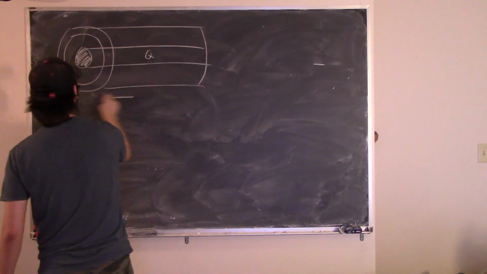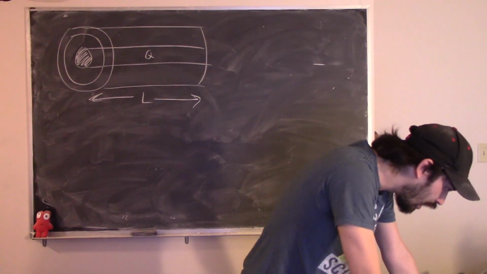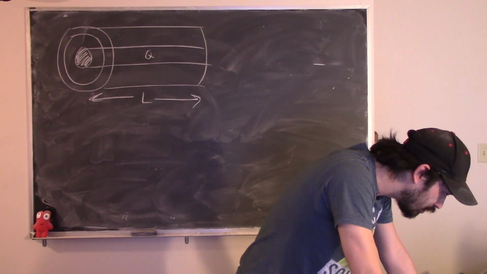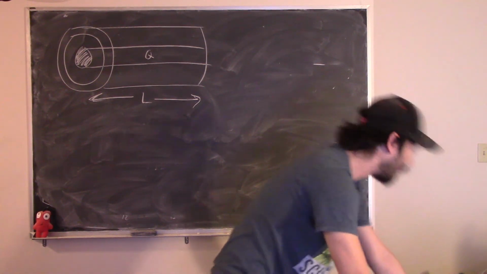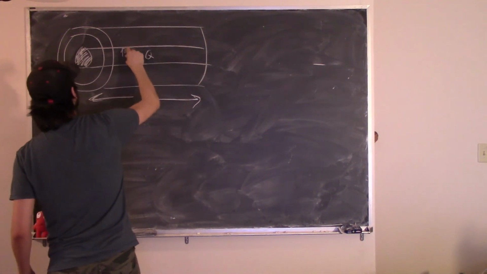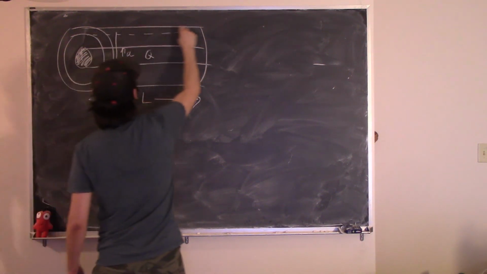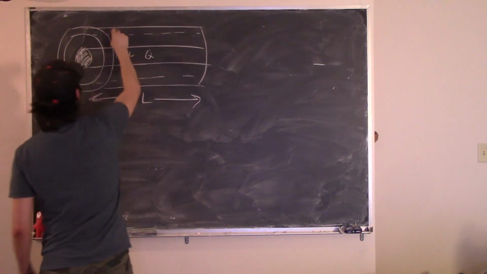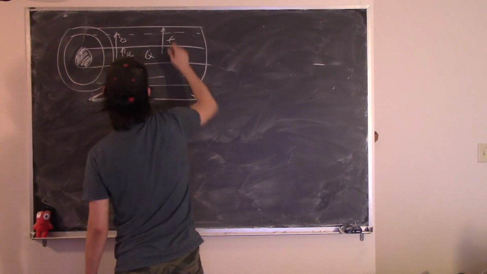This has some total length of L. And the radii that we have, because reasons, this is a radius of A. This is a radius of B. And again, because reasons, this is a radius of F.